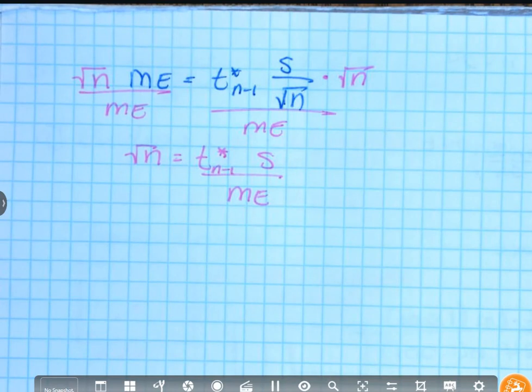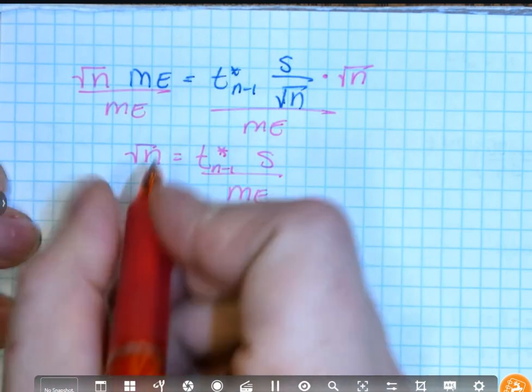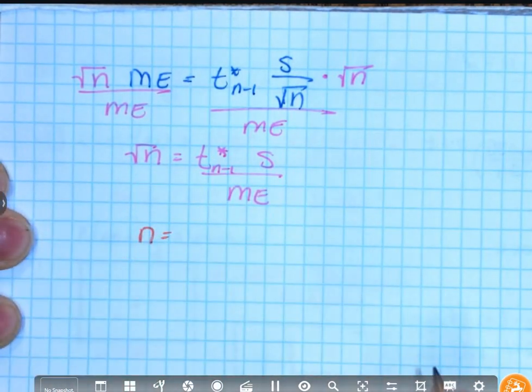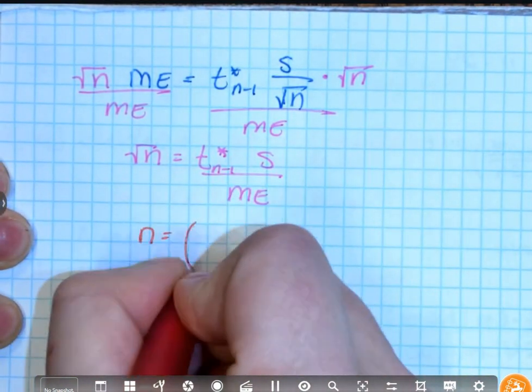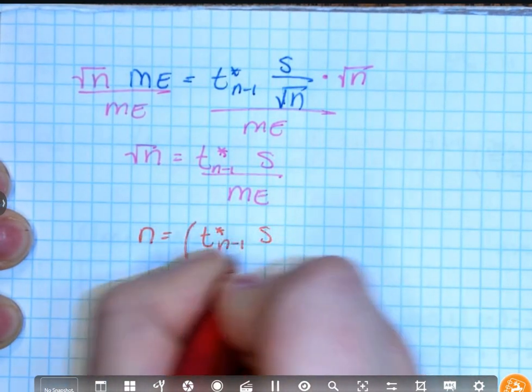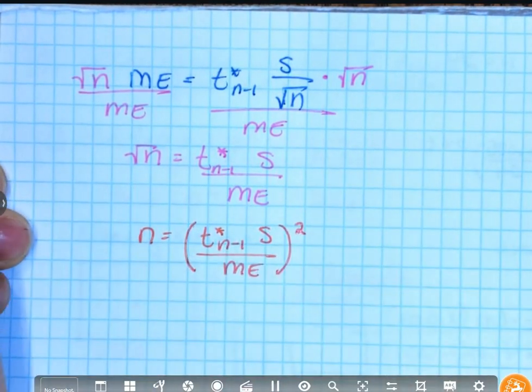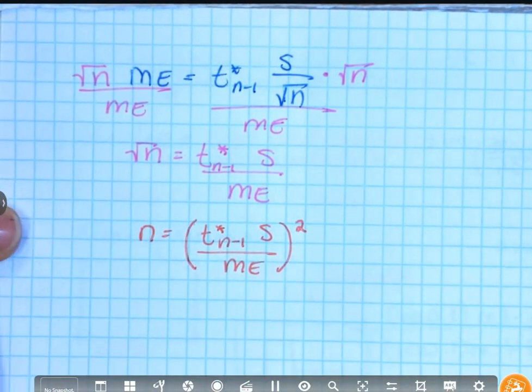Everybody okay with what I did there? Just doing a little bit of baby algebra. Get the n out of the denominator and then work to get it by itself. And what do I need to do to finally say what n is? Square both sides. So we will say that T star with n minus 1 degrees of freedom times S over ME, squared, will give me my approximation.